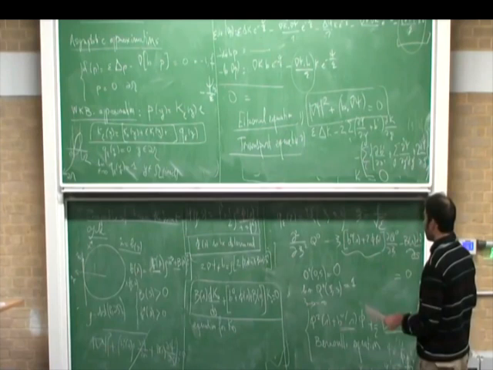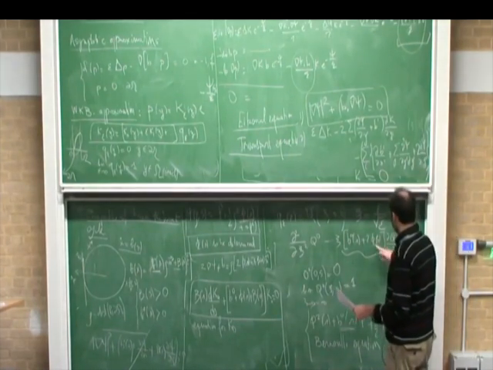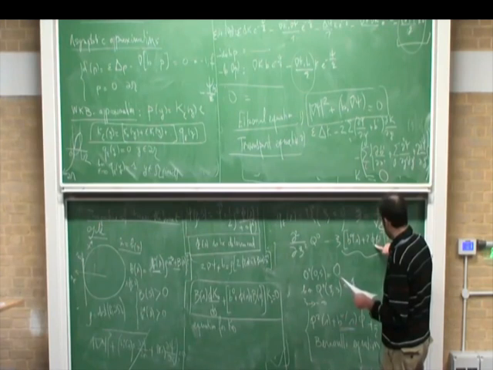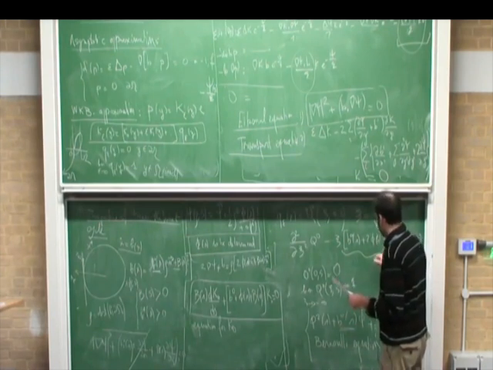If you multiply everything here by phi squared, what do you get?